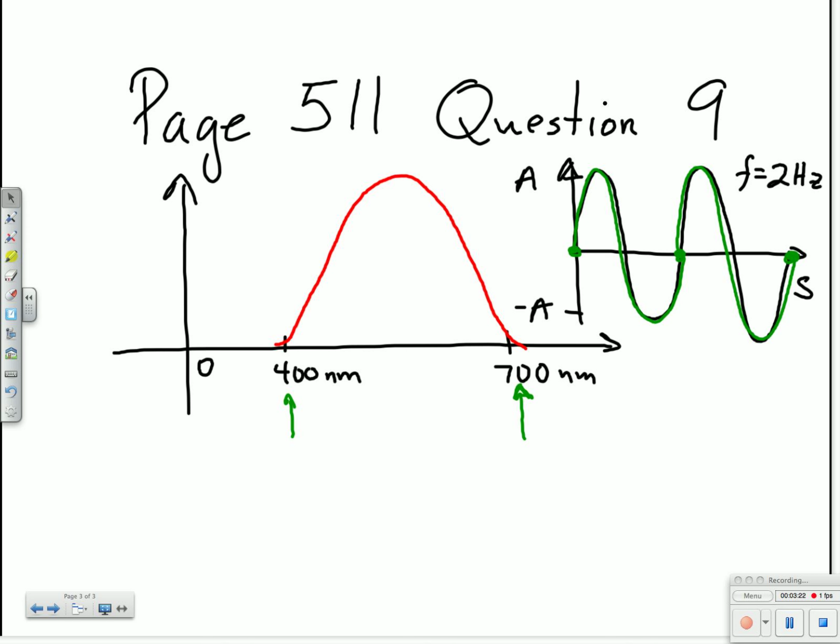So, the higher the frequency, the more the light oscillates, the higher energy it actually has. So ultraviolet light actually has higher energy than infrared light. So this has high energy.